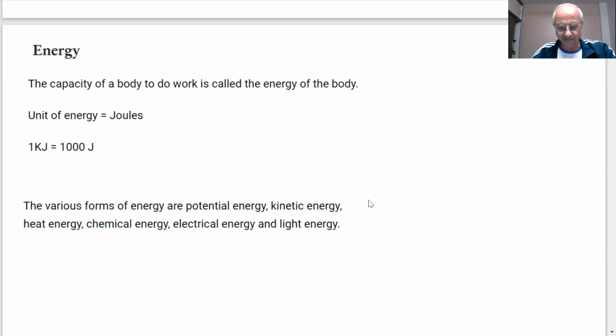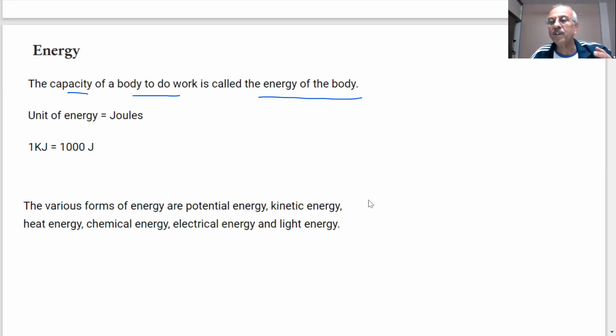So what we are saying, the capacity of a body to do the work is called the energy. You have the capacity to do the work, but it is not necessary that if you have energy, you are doing the work. If I am sitting here, I am not doing any work, but it doesn't mean I don't have energy.